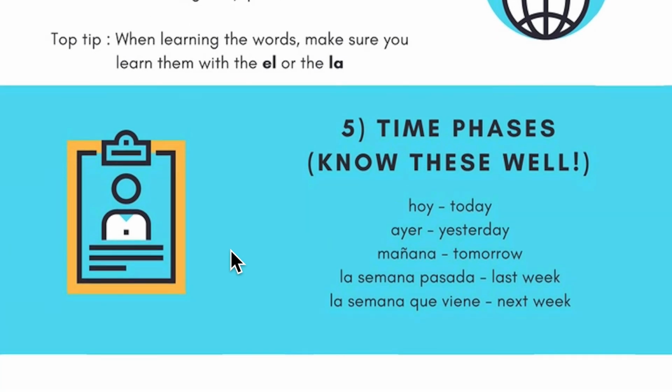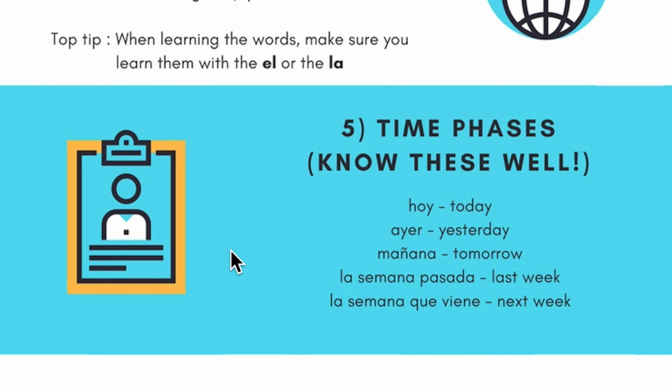And last but not least, we're on to number 5. Time phrases. Know these well. I used them earlier on in this video, and here we've just got a little short selection. But basically, hoy means today. Perhaps you might just like to say it while you're listening to this. Hoy. Go on, interact with this video.